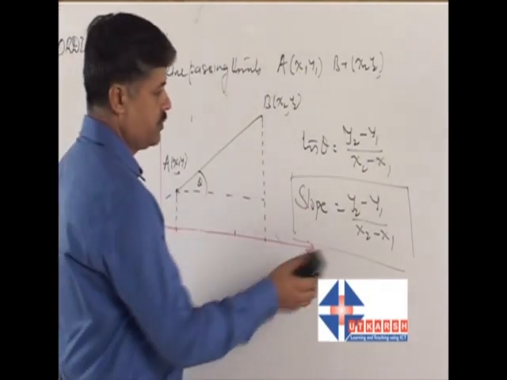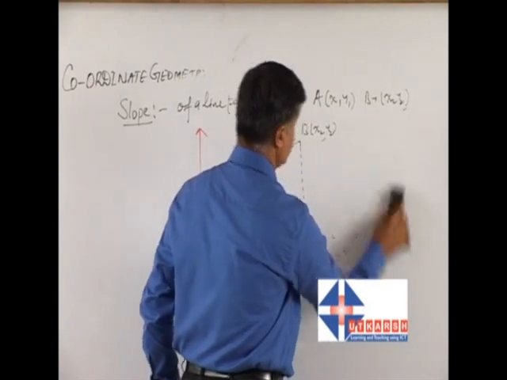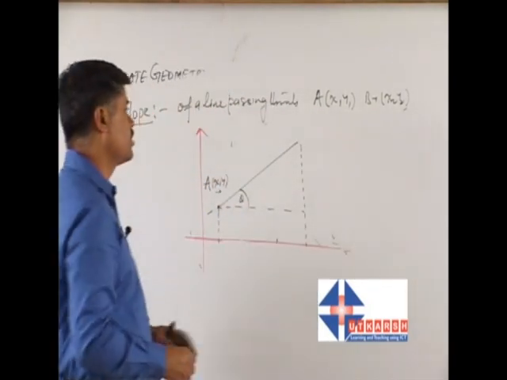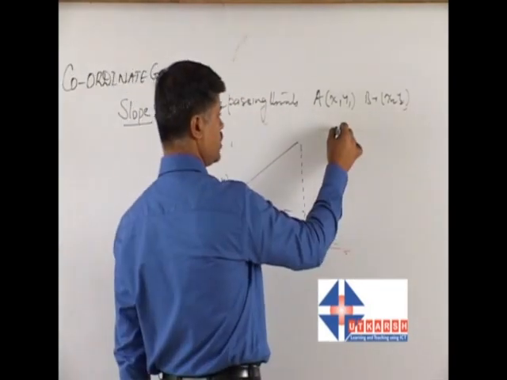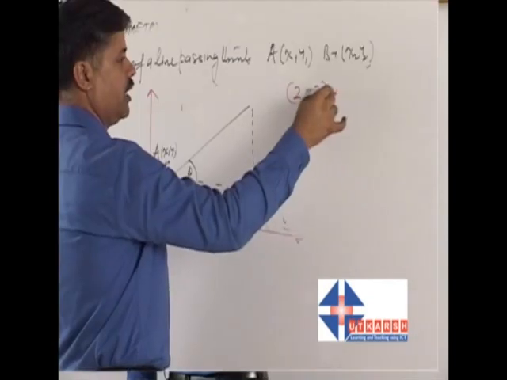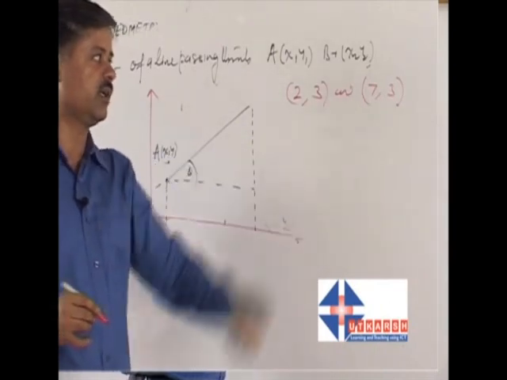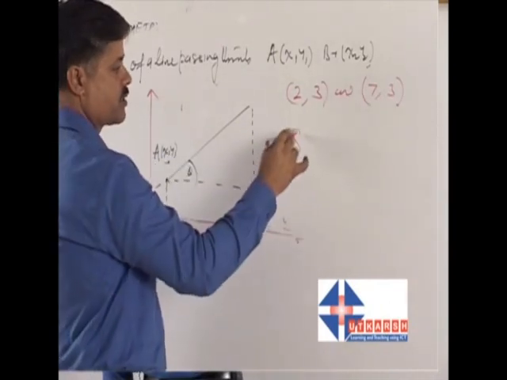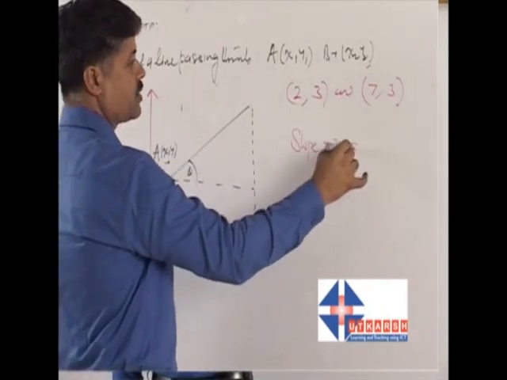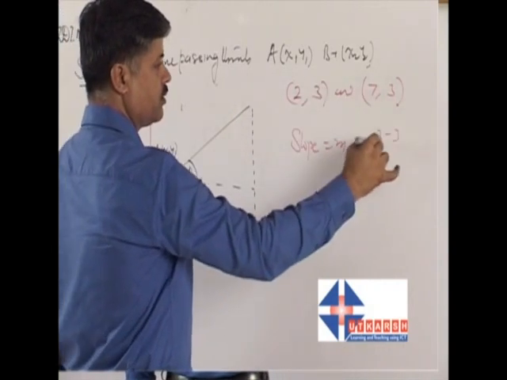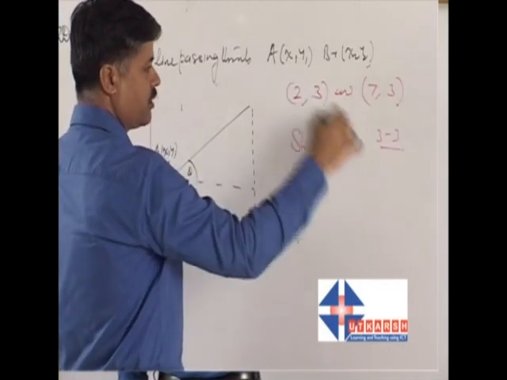Next on slope, if I ask a counter question: the slope of the line passing through the points (2, 3) and (7, 3). I have taken this 3 intentionally. Then slope m is equal to 3 minus 3, which is 0, upon 7 minus 2.